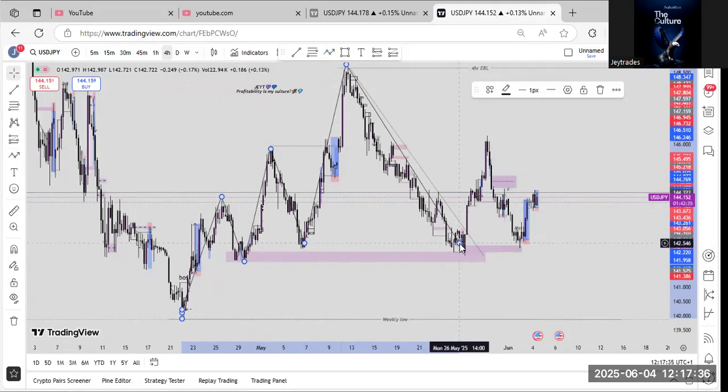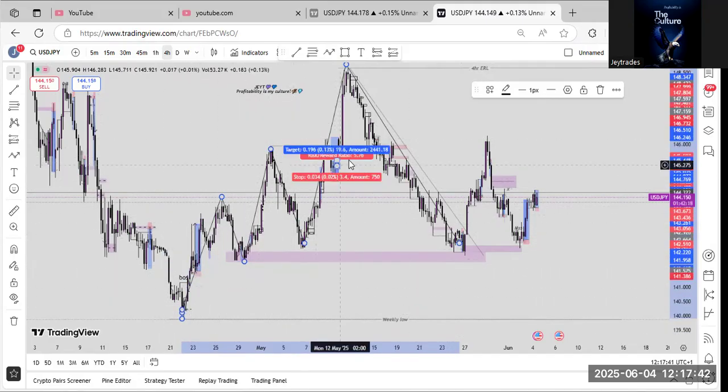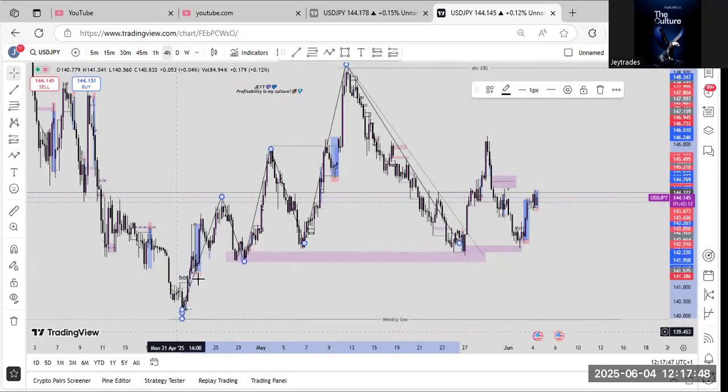You could see in the chart now, that's what USD JPY is currently printing. So this higher high here could be traded in the market, right? This higher high could be traded. But looking at this chart, you see price making higher highs, higher lows, higher highs, higher lows.